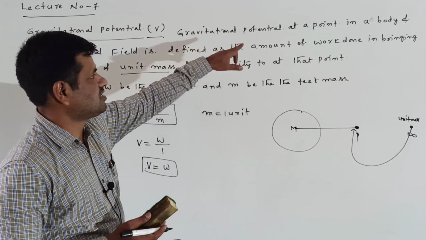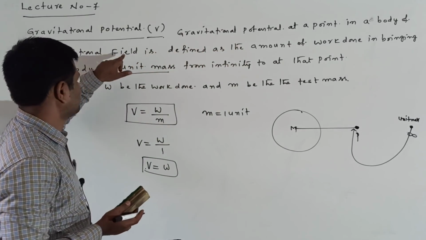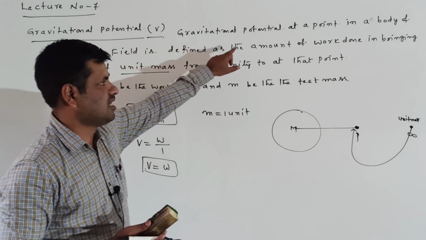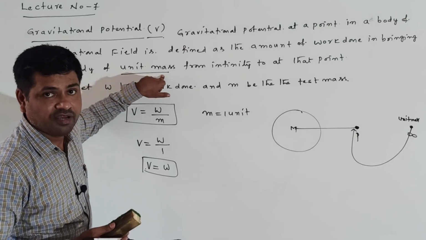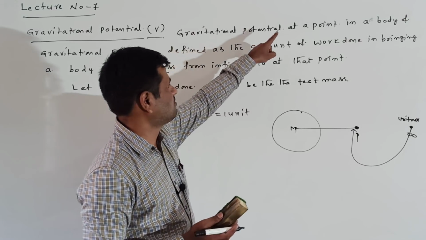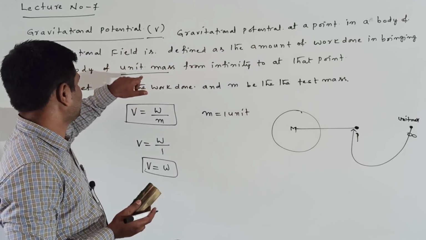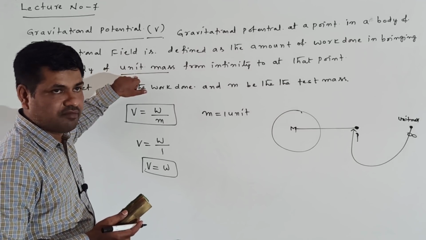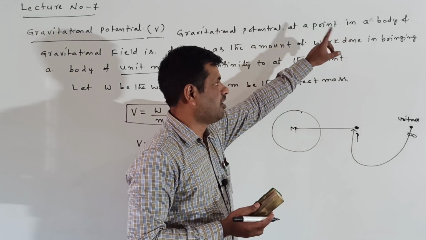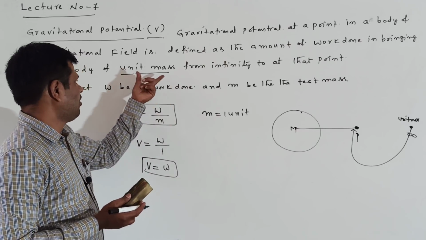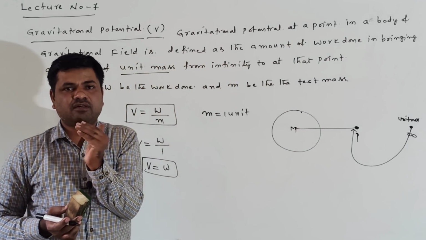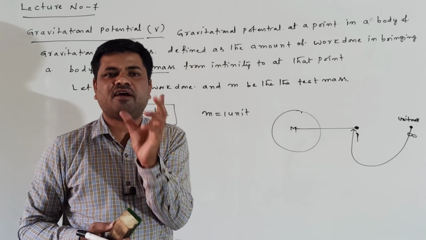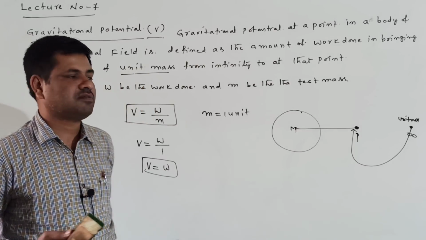The gravitational potential at a point in a gravitational field is defined as the amount of work done in bringing a body of unit mass. This mass and that body are different. One body produces a gravitational field, and the body of unit mass is brought from infinity to the point where we have to find the gravitational potential.